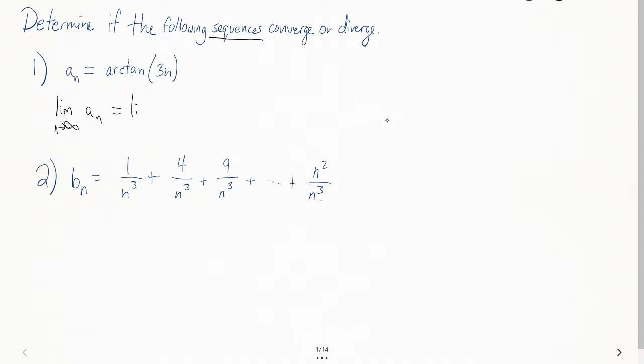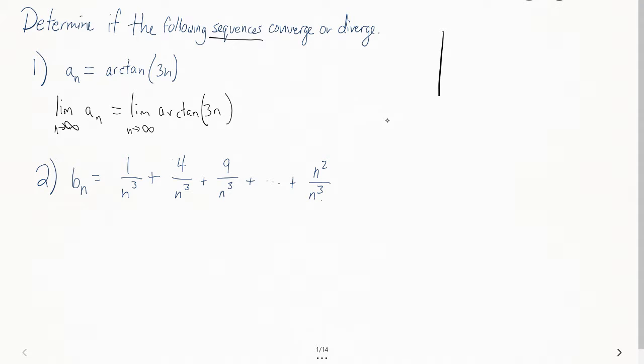So this is the limit as n goes to infinity of arctangent. Now we'll have a 3n we might be concerned about, but it's really not a big deal. We'll be able to solve that too.